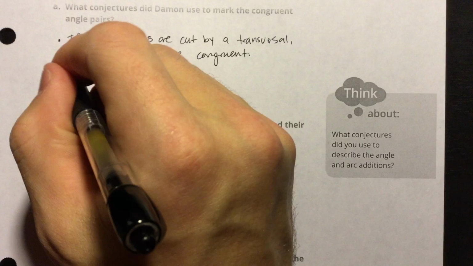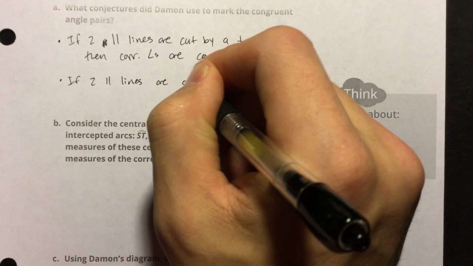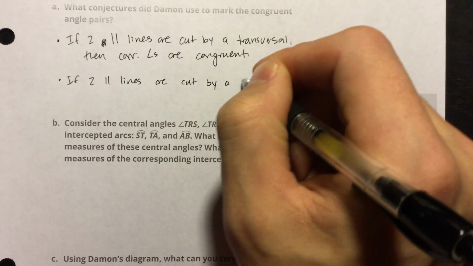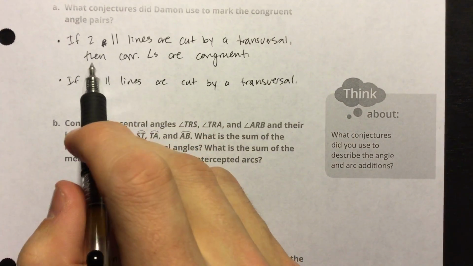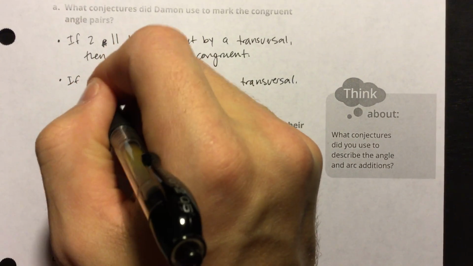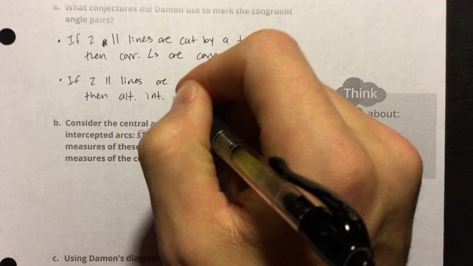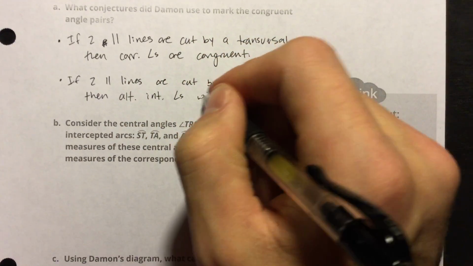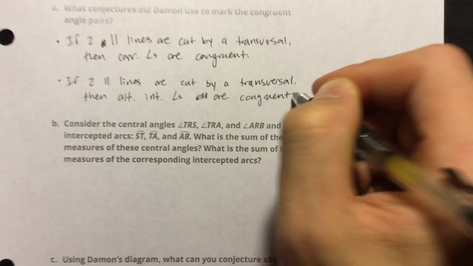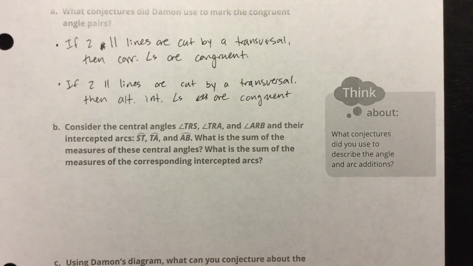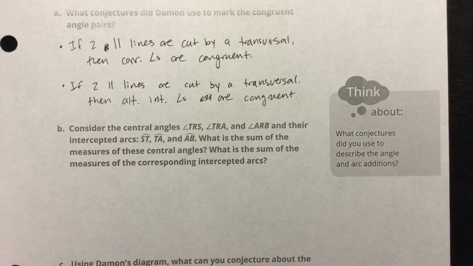If 2 parallel lines are cut by a transversal, okay, but then the conclusion will be different. Then alternate interior angles are congruent. Okay, so those are his 2 conjectures. Those are his 2 assumptions that he made, or that he used to make those angle markings.